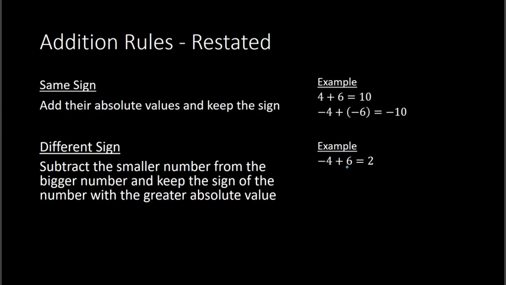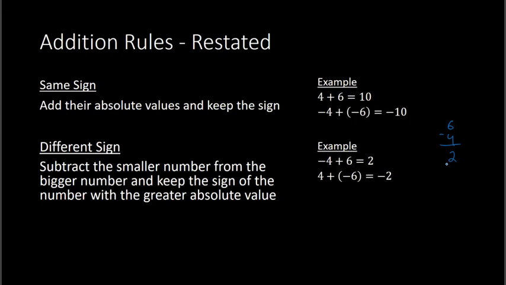So when I add them together, I subtract 4 from 6, so 6 minus 4, which equals 2. And then to determine if it's positive or negative, I look at the 6 and 4 and see which one is bigger. Well, 6 is bigger than 4, and the sign with 6 is positive, so my answer would be a positive 2.